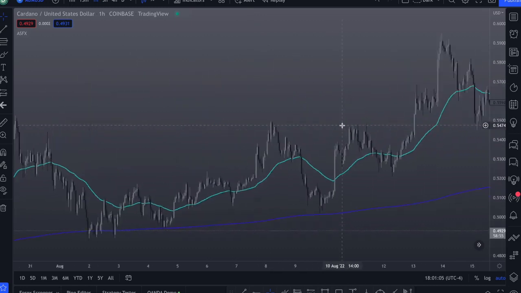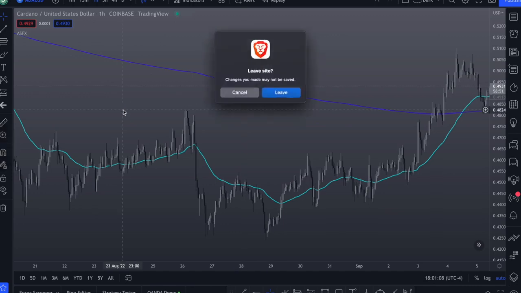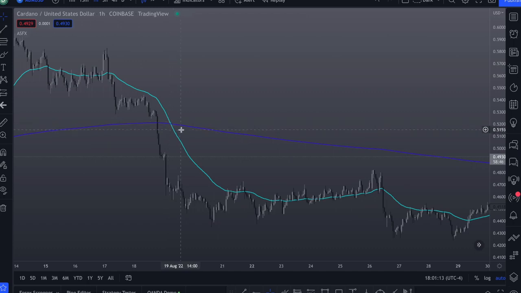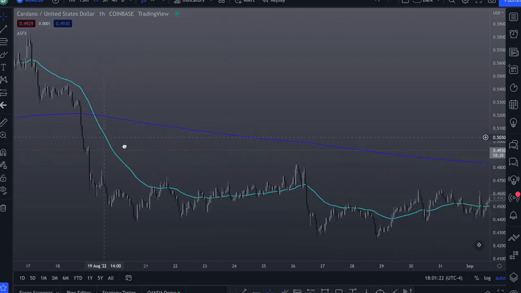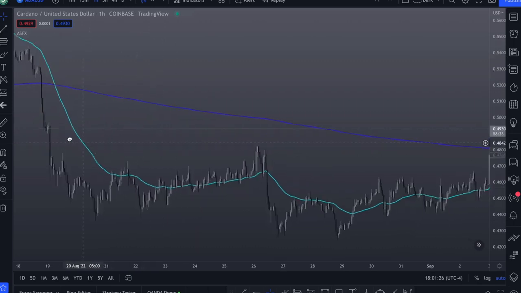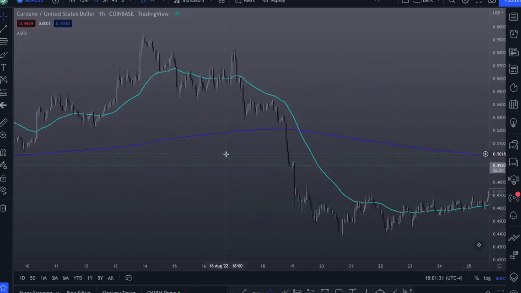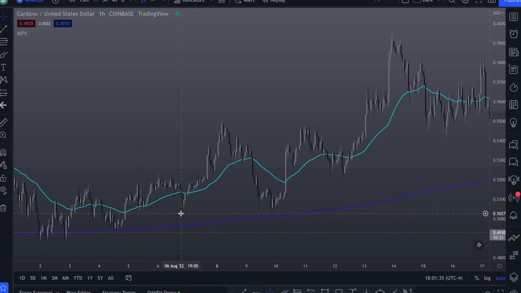And on the flip side, when the shorter period EMA is below the higher period EMA, then you should be short biased, right? So you can see that we're clearly in a downtrend while the 50 is underneath the 800, and you can clearly see that we are in an uptrend as the 50 is above the 800, right?